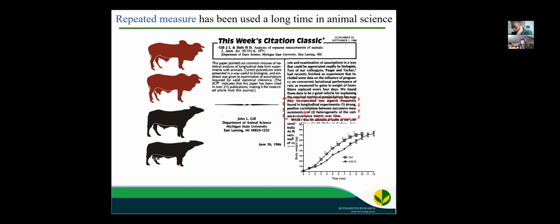The closer the measurements, the higher the correlation, as expected. And we have heterogeneity of the variance-covariance matrix over time. They look at all of this from a statistical model perspective; they know how to do it. Basically, we're bringing all this information to our needs nowadays, especially because we have many time points going on, and that's our challenge.